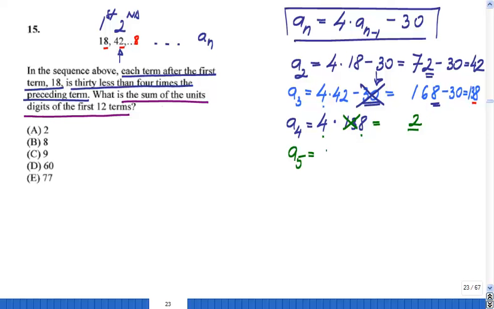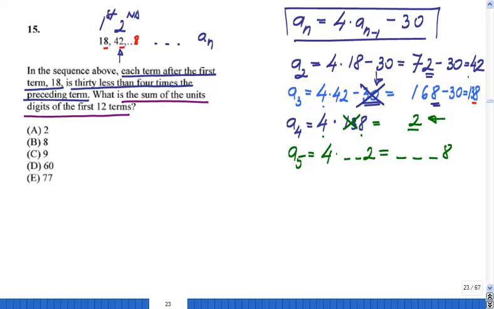Now if I'm going with a sub 5, I will also have 4 times whatever number ends in 2, because this was my previous term. 4 times 2, whatever this number will be, its last digit is going to be 8.